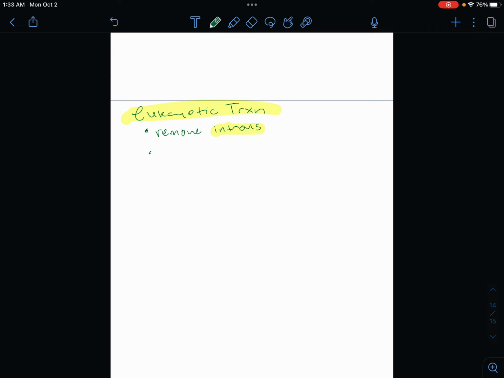So we're going to cap the 5' and add a poly A tail on the 3'. This is going to only be monocistronic. That's, again, one gene is going to be transcribed, and it needs to move towards the ribosomes. Monocistronic was also a vocab term.